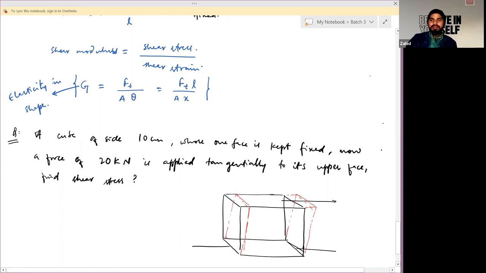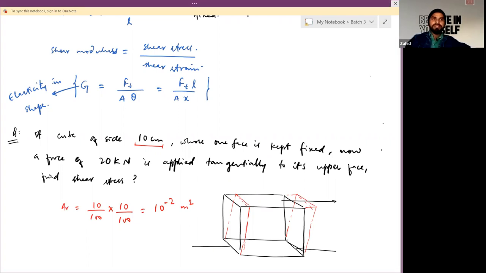So you have to find the shear stress produced in this. Since you have the side of the cube as 10 centimeter, the area will be length into breadth, 10 divided by 100 into 10 divided by 100. So it will be 10 to the power minus 2 meter squared. Force is given; convert it into SI units, and just divide these two terms to get the value of shear stress.